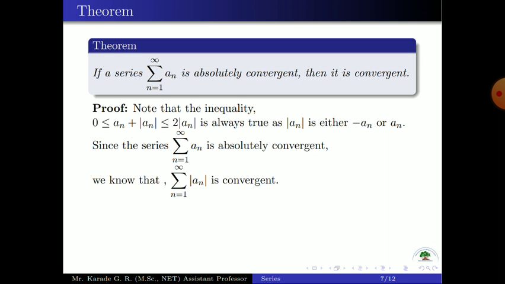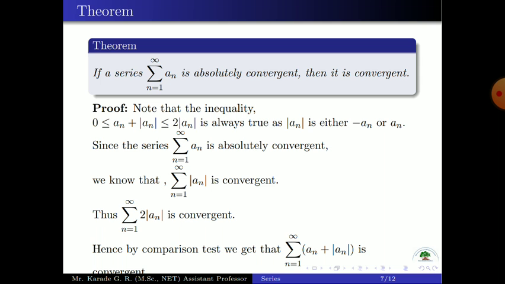Therefore mod an is a convergent series. Thus summation 2 times mod an is also convergent, since multiplication by a non-zero scalar does not affect the convergence or divergence of a given series. Therefore series 2 mod an is also convergent.